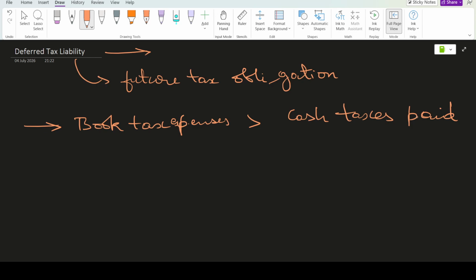This means that when you record a higher tax expense in the financial statements than what you are paying to the tax authorities now, you are creating a tax liability. You are recording higher taxes in the books, but you are paying a lesser amount to the authorities, so you're essentially creating a liability.